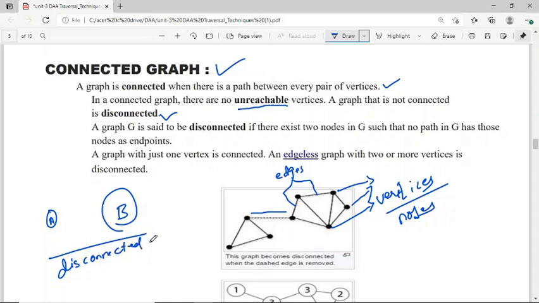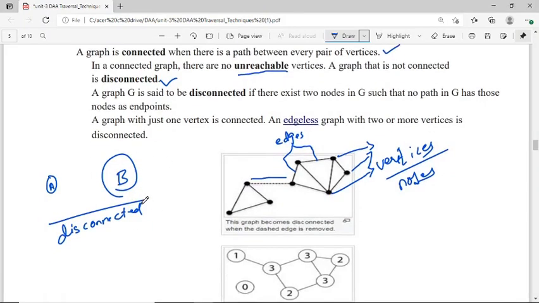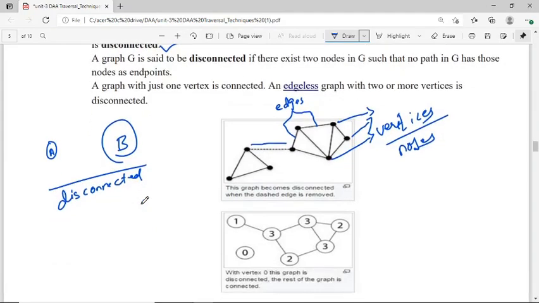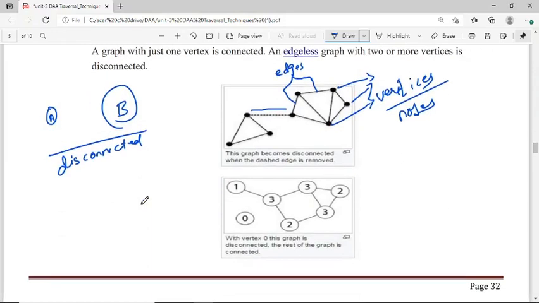A graph with just one vertex is connected, and an edgeless graph with two or more vertices is disconnected. So at that time also it is connected. Connected is nothing but every vertex should be connected together with all vertices. No vertices should be left out. If you see graph 2 here, with vertex 0, this graph is disconnected.